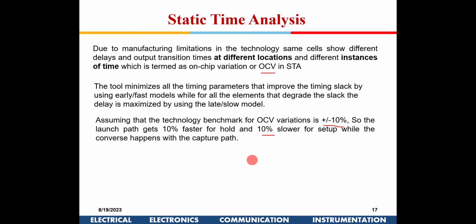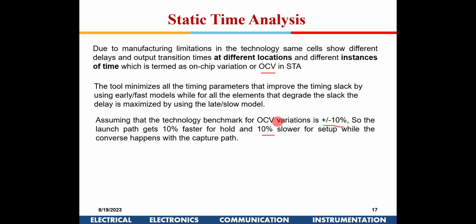If the fab lab says we are a very good fab lab where only 5% is the OCV variation in our chips, then you could do an STA analysis with 5%. If they say it is 7%, and maybe you want to be very sure, you can add another 3% and keep it at 10%.